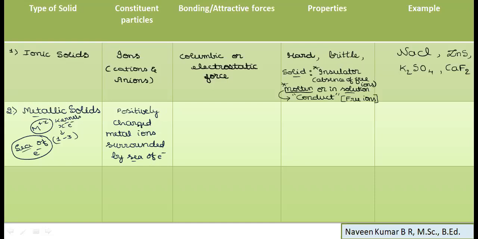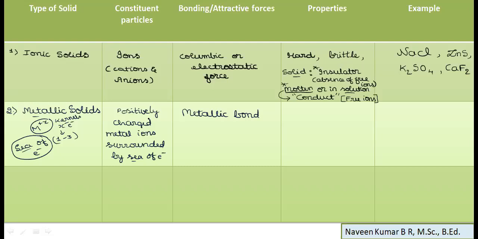As a result, these free electrons are responsible for the high electrical conductivity of metals compared to any other type of solid. These metal ions are held by a strong covalent-like bond, a special type of bond called the metallic bond. The metallic bond holds the various constituent particles in a given metallic solid.